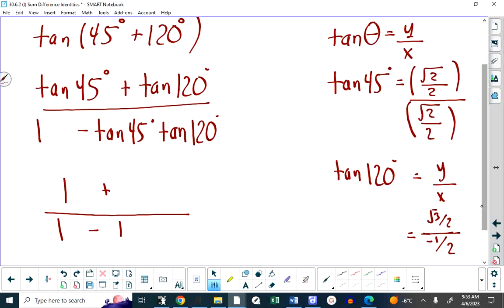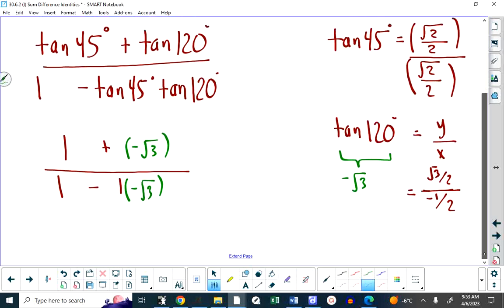If I multiply the top and the bottom of that by 2, I get root 3 over negative 1, which means tangent of 120 degrees is negative root 3. And I'm going to put that negative root 3 here. I don't really need the brackets, but I'm putting them there to indicate I'm doing a substitution of tangent.